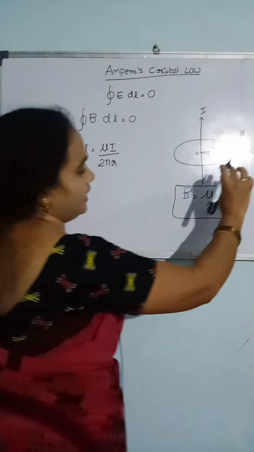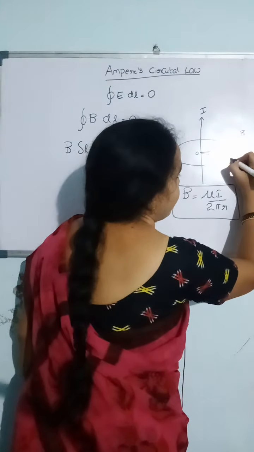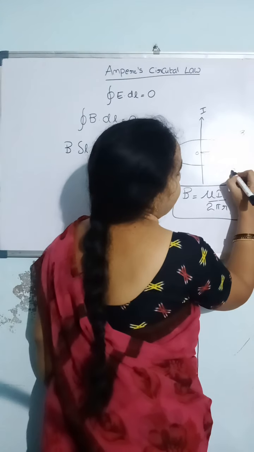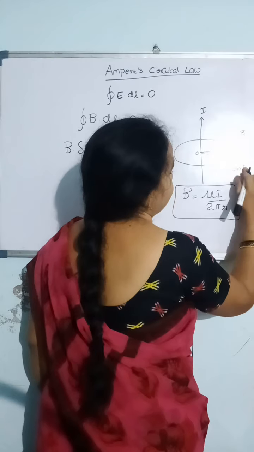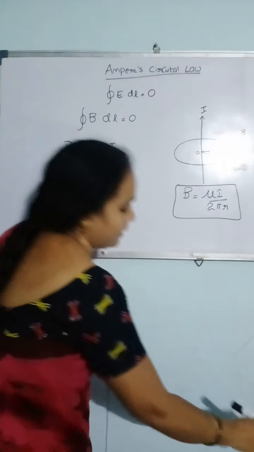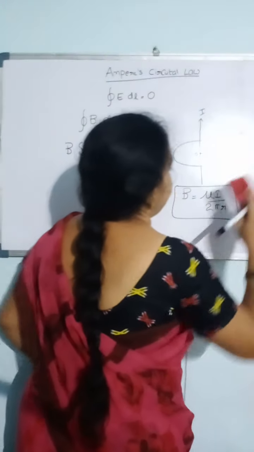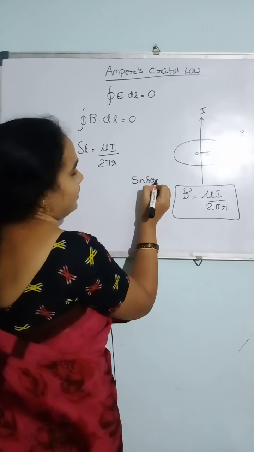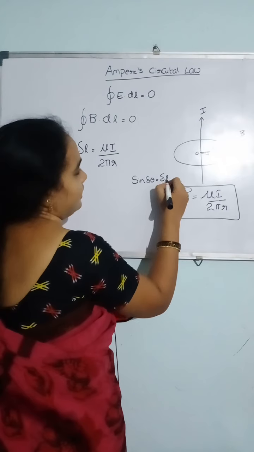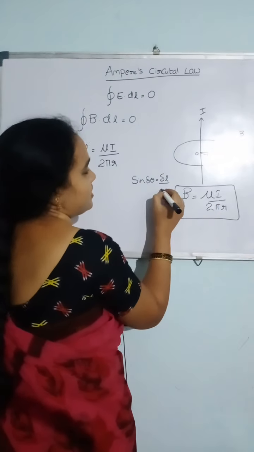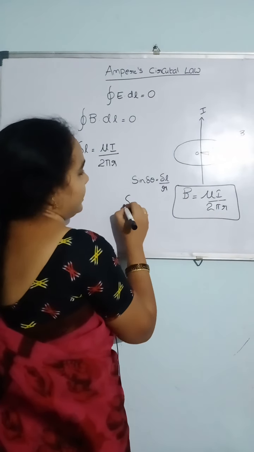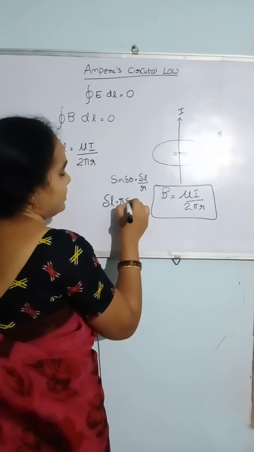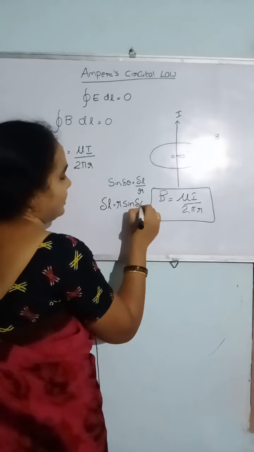Here delta L is almost a straight length element. Consider sin delta theta from this diagram. If you consider r as the hypotenuse, then delta L is equal to r sin delta theta.